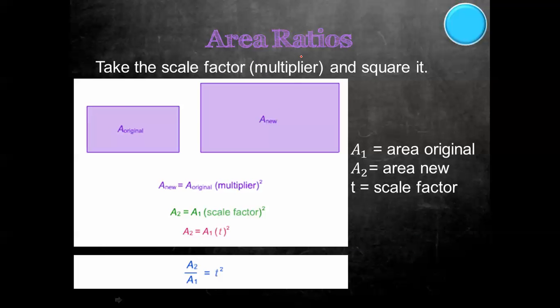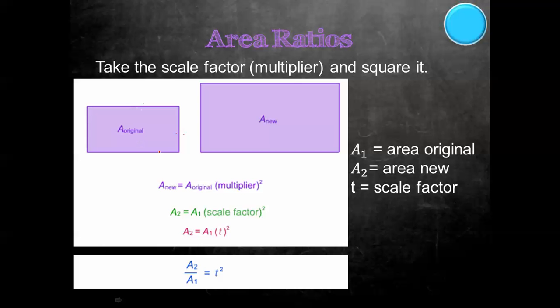Also a little review. Remember that if you are given a scale factor and an area, then we can find the new area if all of the lengths, or the lengths and the widths or the heights, whatever shape you're given, if all of the dimensions of that shape are changed by the same scale factor, then you don't even have to know what the lengths of the sides are in order to find the new area.